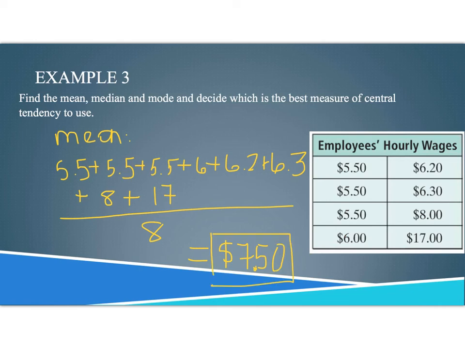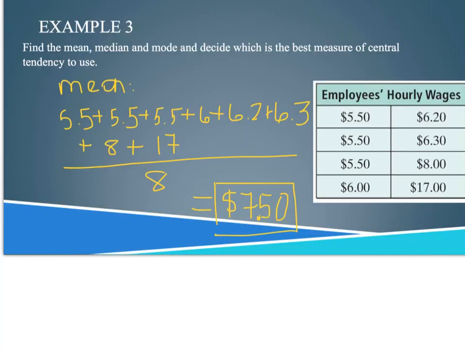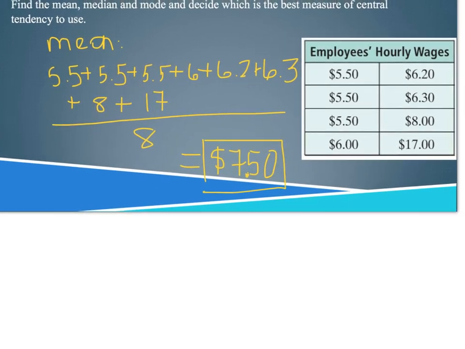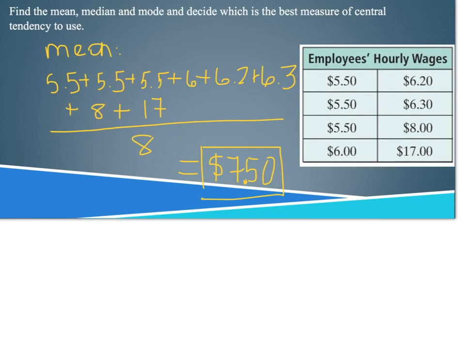Next, I want to look at the median. Well, the median is going to be the middle number. So if I look at all my data, I have 8 data points over here. I've got 4 in this column, 4 in this column. So that tells me that I'm going to have to find the average or the mean of the 2 middle numbers. So for the median, I'm just going to write MED for the median.